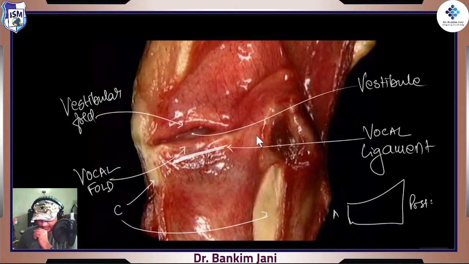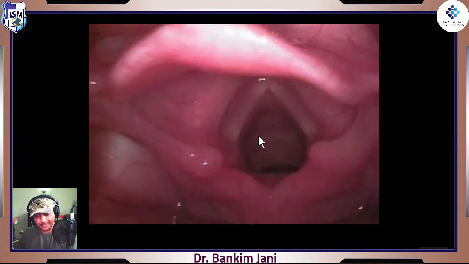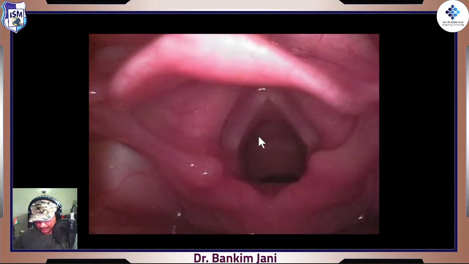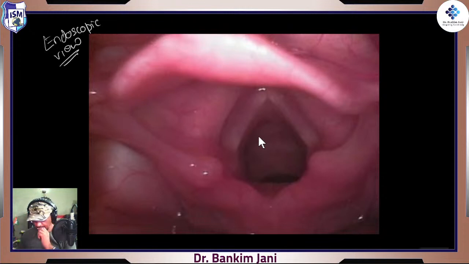Now to make things interesting, here it is. This is endoscopic view, right? Now in endoscopic view, you have to think of it like this: this is anterior, this is posterior.